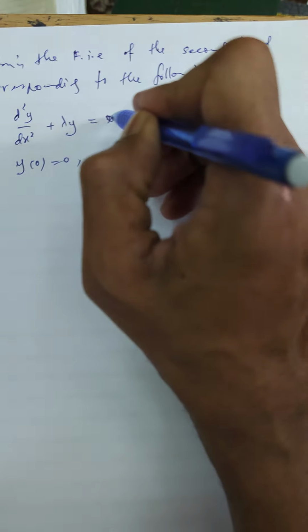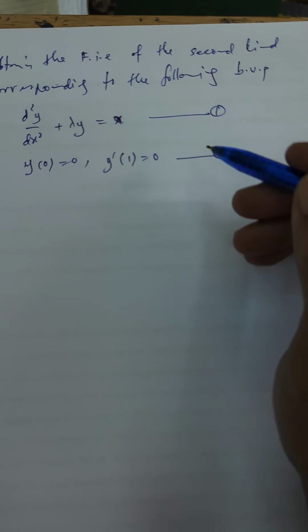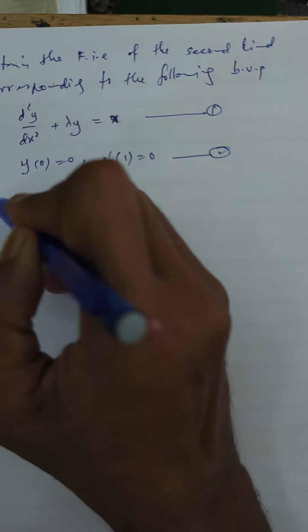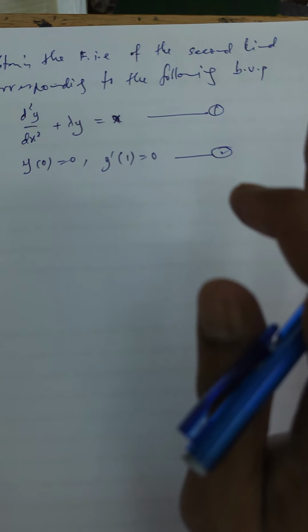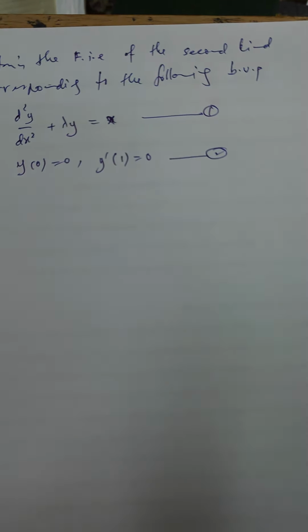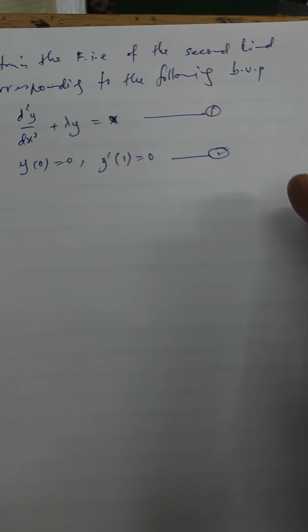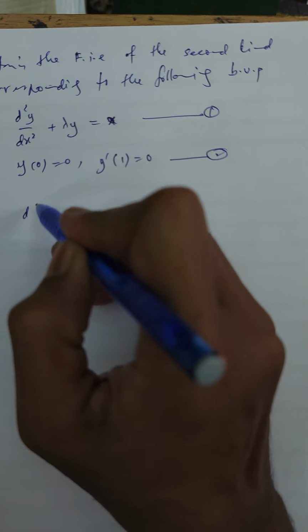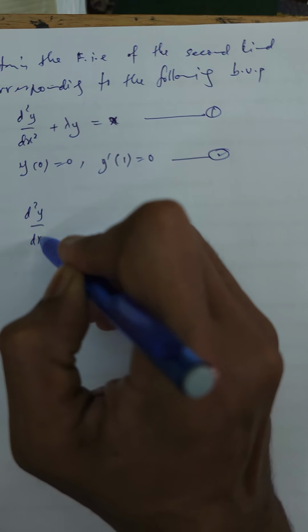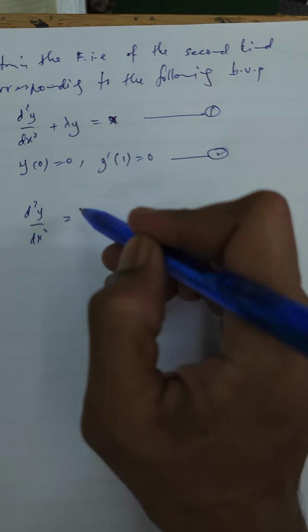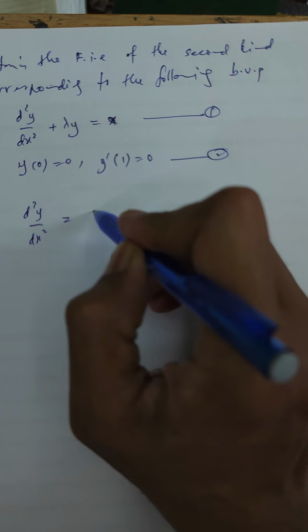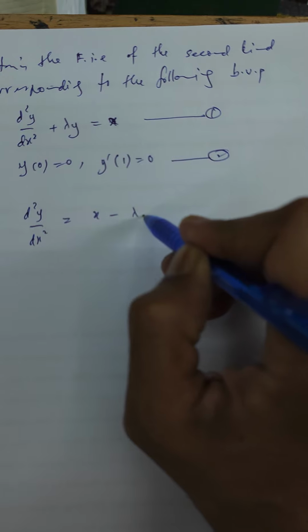Yeah, this is equal to x. Solution, you can write those as usual. Put d2y dx squared on the left, and the rest put on the right. So we have d2y dx squared equal to x minus lambda y.